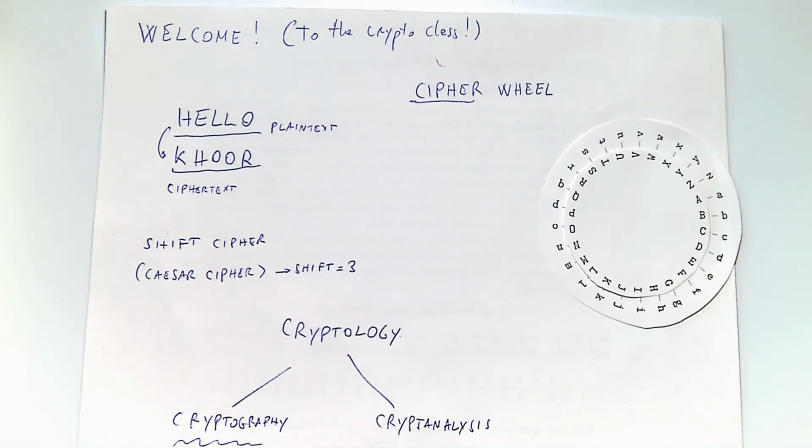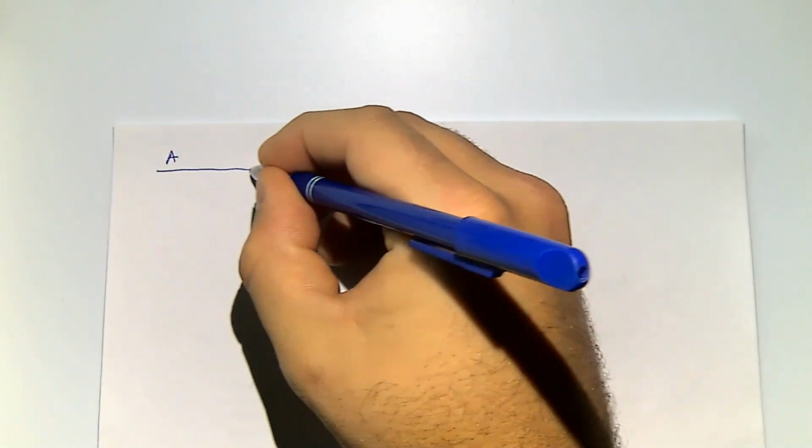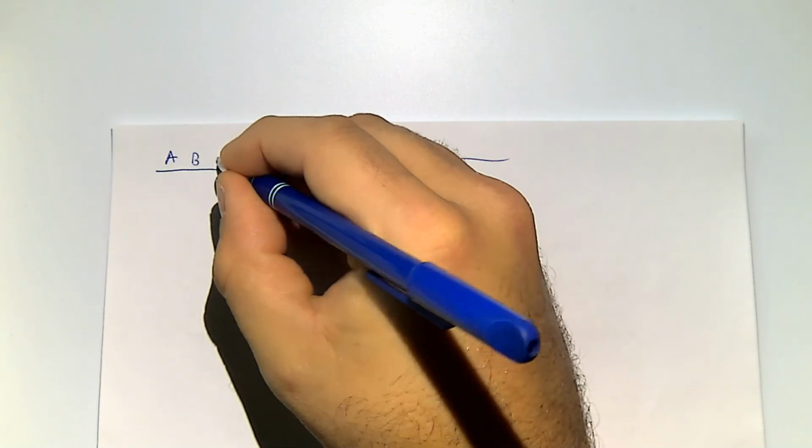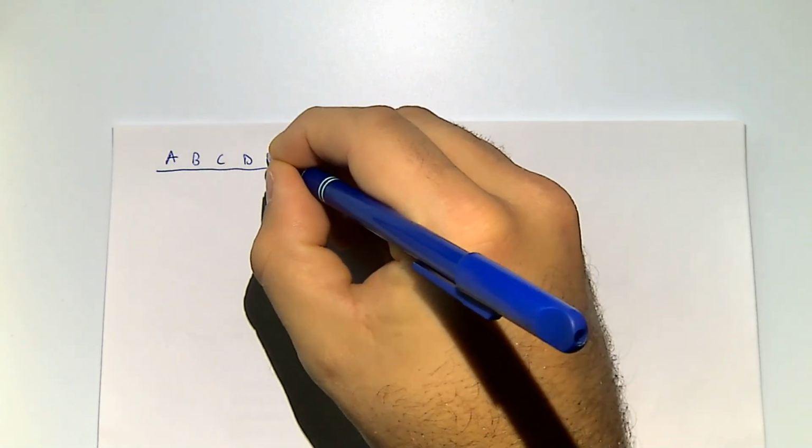And so if I do this, then I have to choose what I shift by for the first letter, what I shift by for the second letter, and so on. And this becomes intuitively a more secure method. So I have to choose A, B, C, D, E, and whatnot.